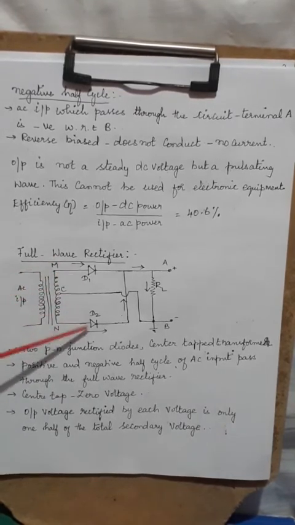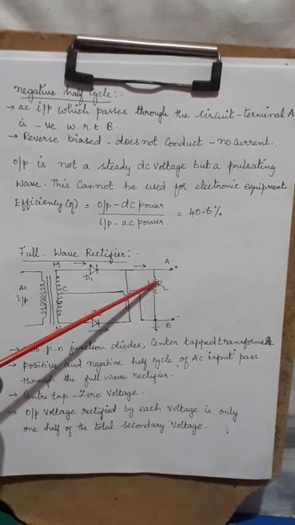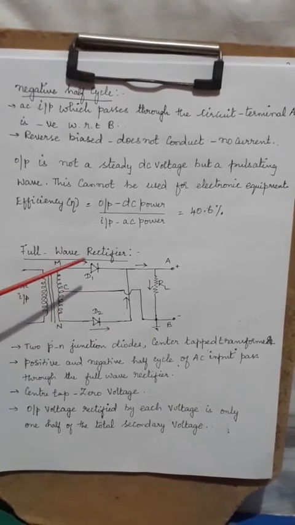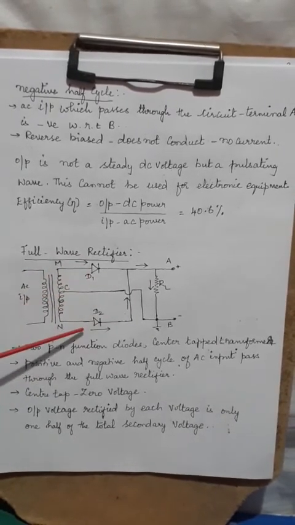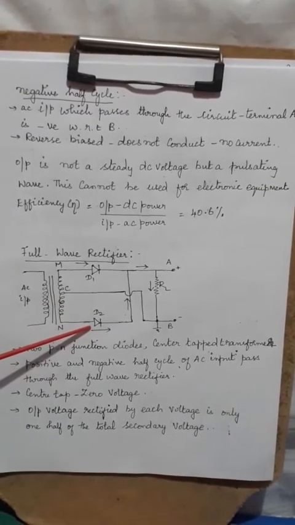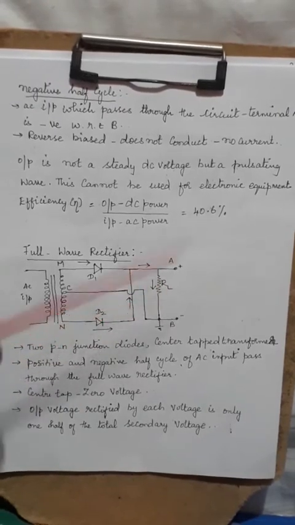So in the first cycle D1 will conduct and give you the current. Then during the negative cycle D1 will not conduct but D2 will conduct. So when D2 conducts, then that negative cycle is also utilized.